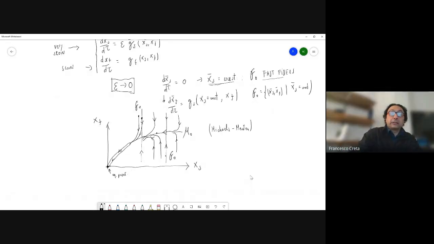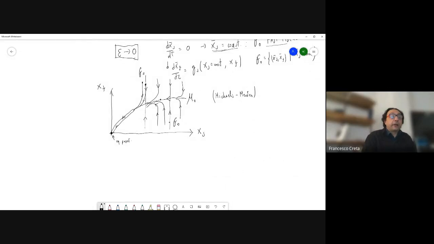But what about the actual invariant slow manifold or slow invariant manifold? Where is it? How do we find it?